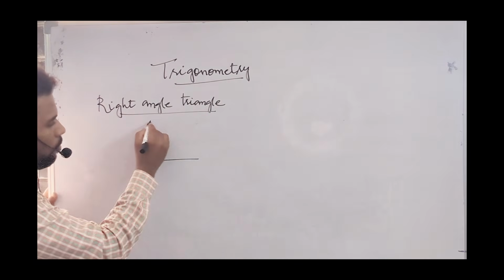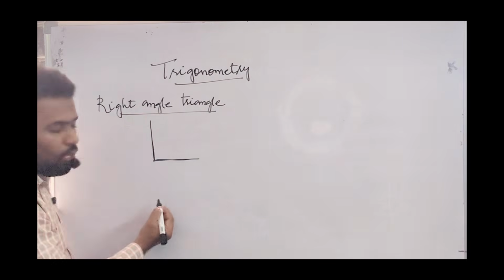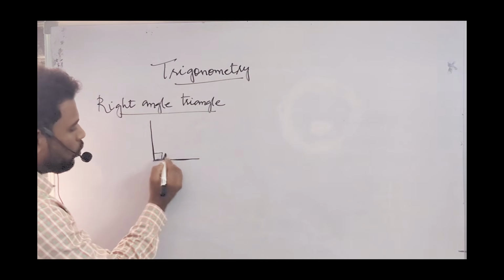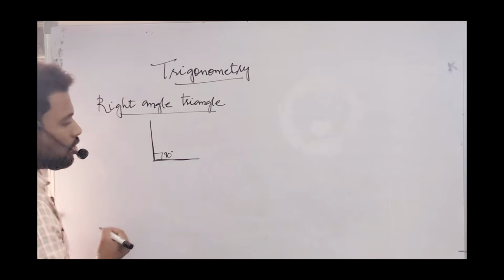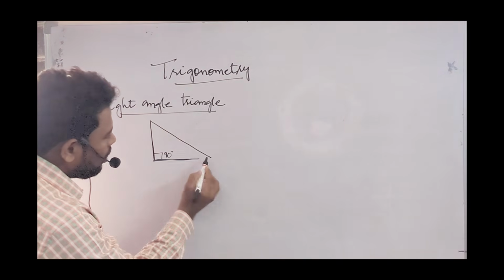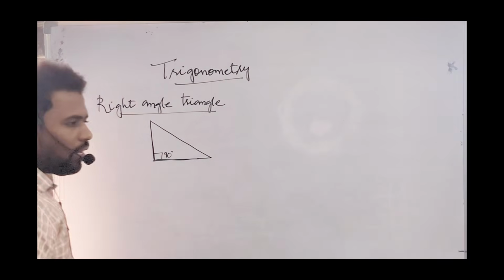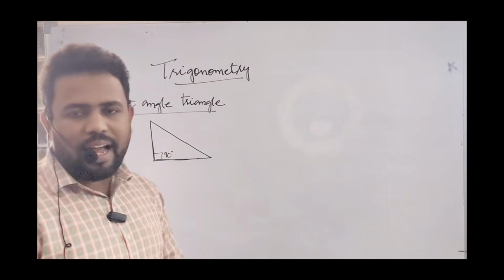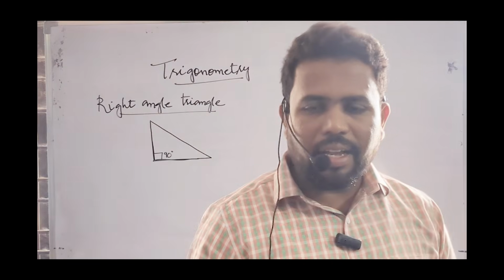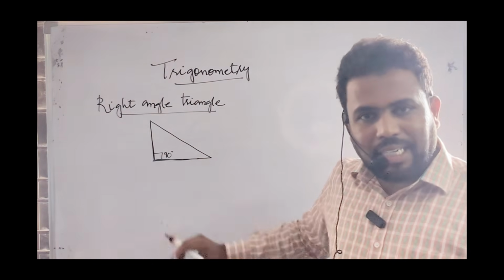These two sides are perpendicular to each other, so the angle formed between these two sides is 90 degrees. If I join them, it becomes one triangle. We call this a right angle triangle, where this angle is exactly 90 degrees.